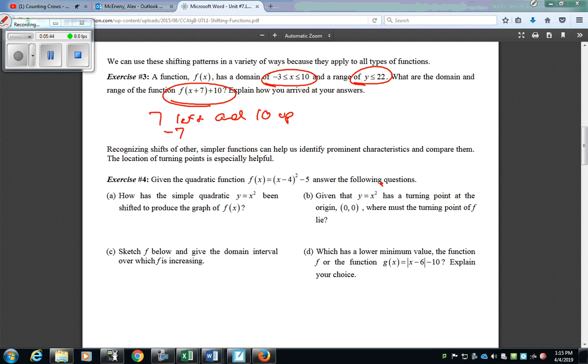So as far as the domain goes, the x values are going to be 7 less than what they were originally. So we'd subtract 7 from each of these two values, and we'd end up with -10 to 3 for our domain. And then for the range, it's shifting 10 up. So instead of 22, our range is going to be less than or equal to 32.